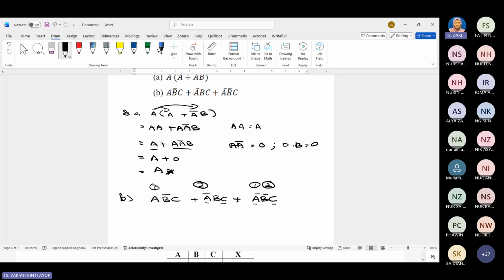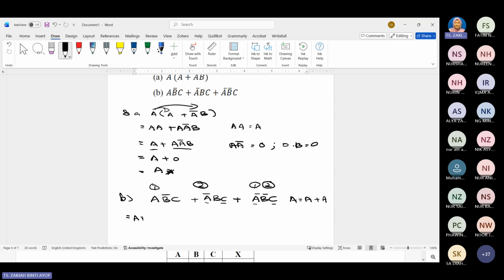Now, once you pair it together, we can use the rules. A is equal to A plus A. So that means A bar dot B bar dot C can be multiplied, so that we can pair for each of the first term. Now we use these rules to duplicate it.